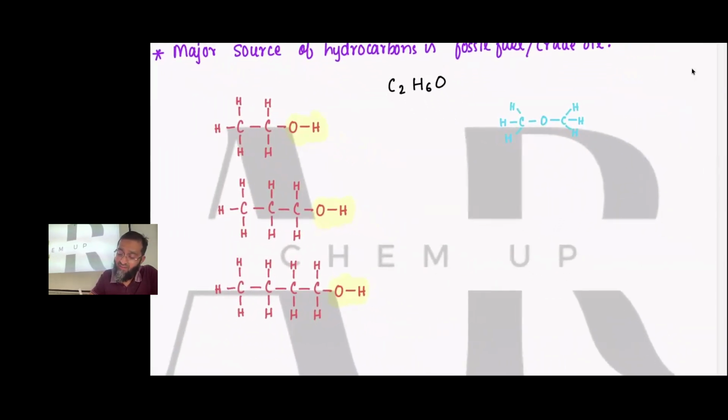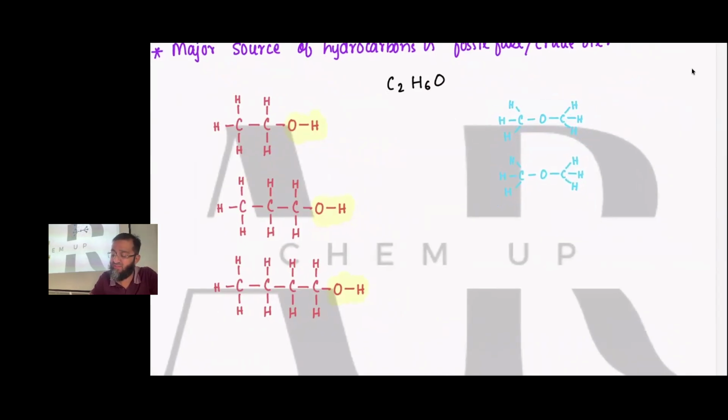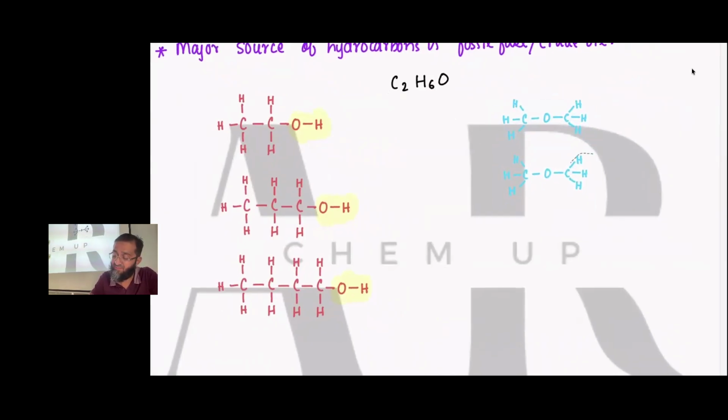So similarly, if we have a compound over here which has two carbon atoms, there is a possibility there is one more compound like this which has three carbons, right? C, and then one H here, one H here.